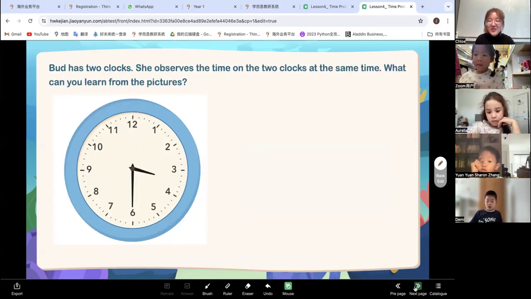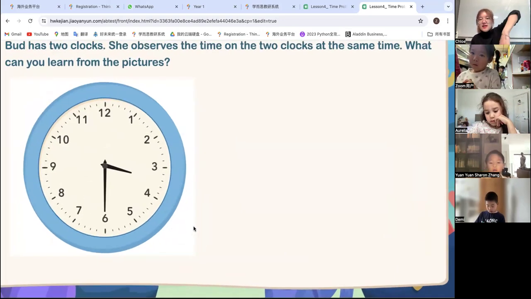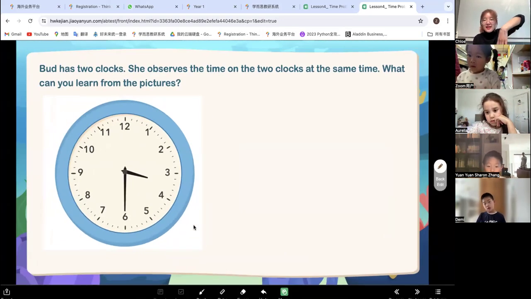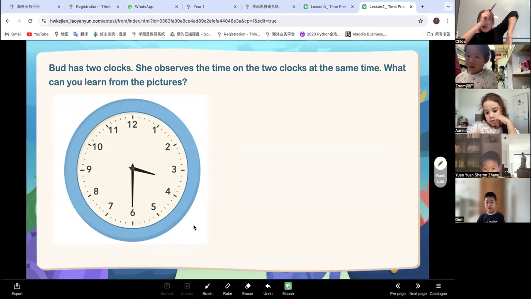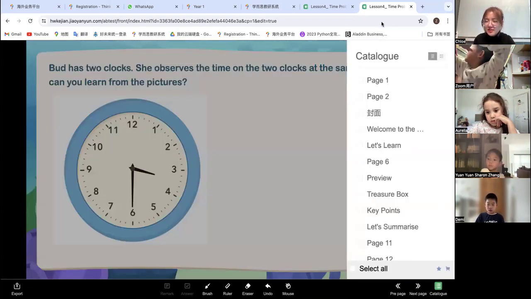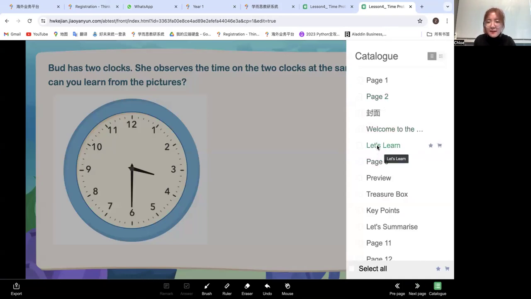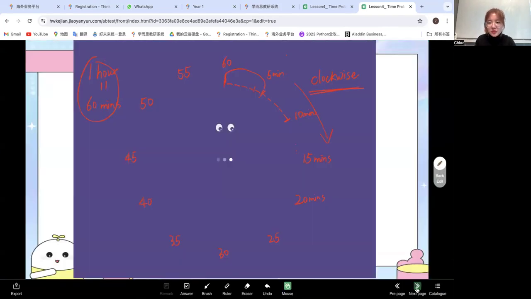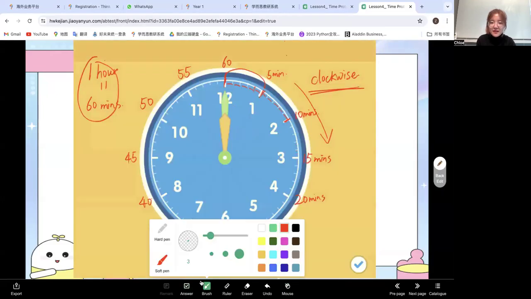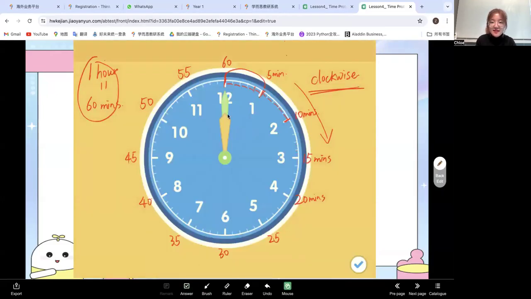Okay, everyone. Good job. Now, the minute hand will start to travel. Where is the minute hand pointing to? It's pointing to the bottom, 6. Do you remember we talked about it before? When the minute hand is pointing to 6, like this, how many minutes are there?